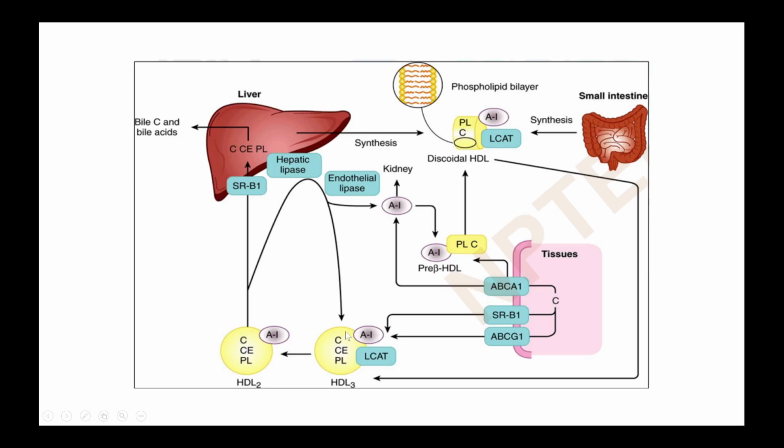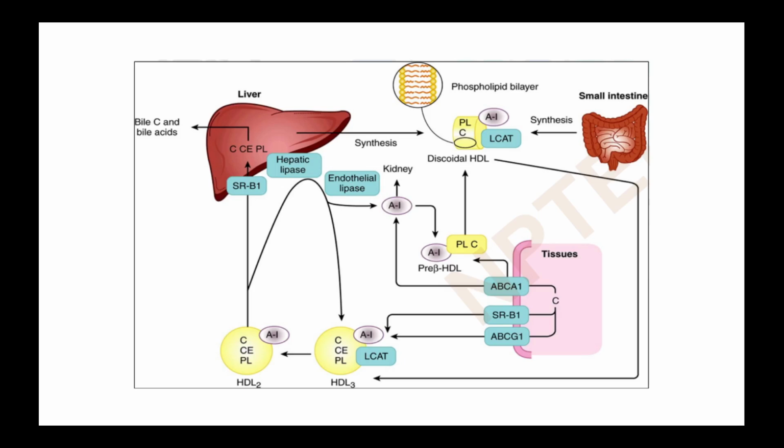That cholesterol ester will then be exchanged with triacylglycerides from other lipoproteins like LDL and VLDL, and that exchanger protein or transport protein is called cholesterol ester transport protein, that will convert the HDL3 into HDL2, and then the cholesterol and cholesterol ester can be transported back to the liver by the receptor SRB1.